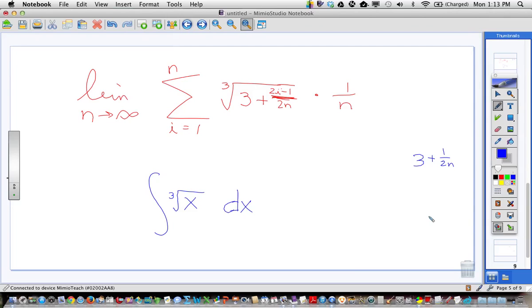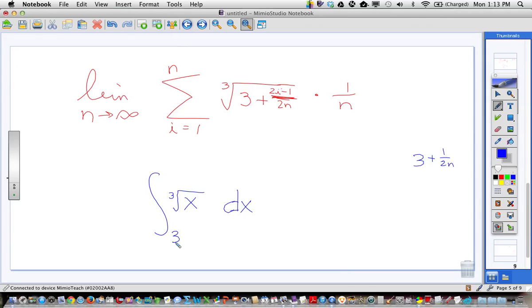So this is saying half a width over from 3, which means the integral must have started at 3, right? Because the first midpoint rectangle will be evaluated at one midpoint, or half a width over from the beginning. So this has to have started at 3.